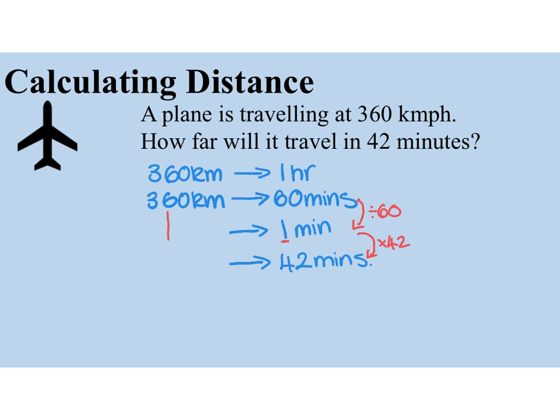So to get straight to the answer, I'm going to divide by 60 and times by 42. 360 divided by 60 and then times it by 42, and this comes out as 252 kilometres. It travels 252 kilometres in 42 minutes.